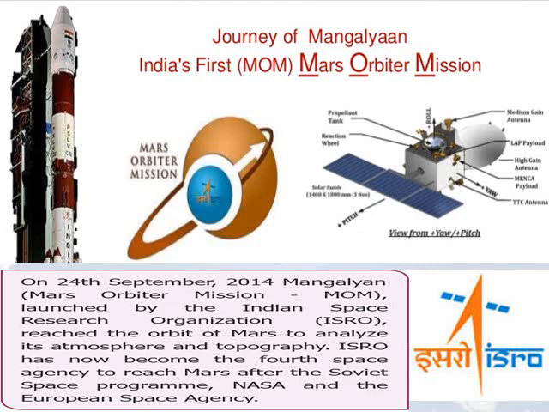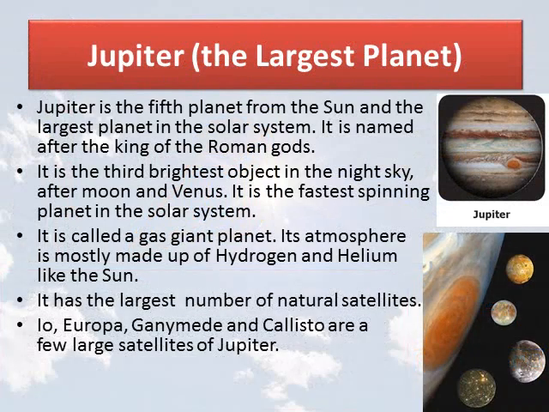So the mission was to learn about the atmosphere as well as the features. ISRO has now become the fourth space agency to reach Mars after the Soviet space program, NASA, and the European Space Agency.